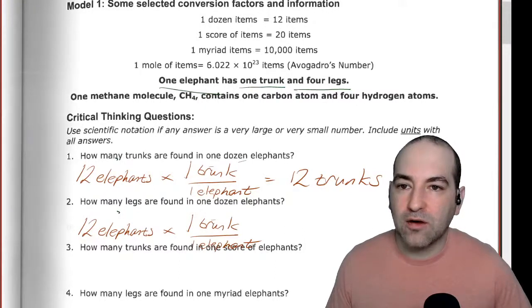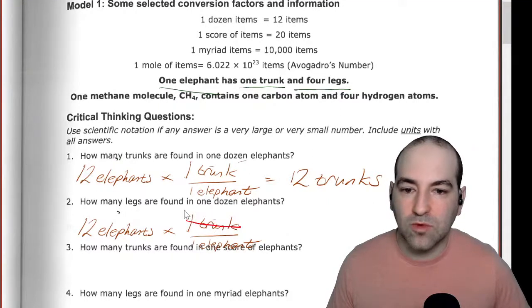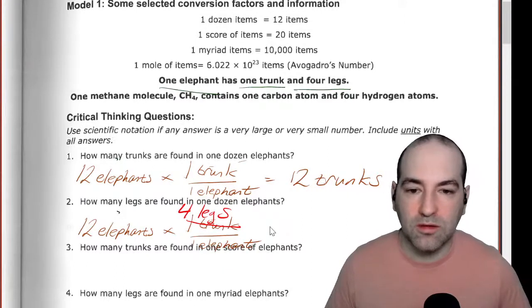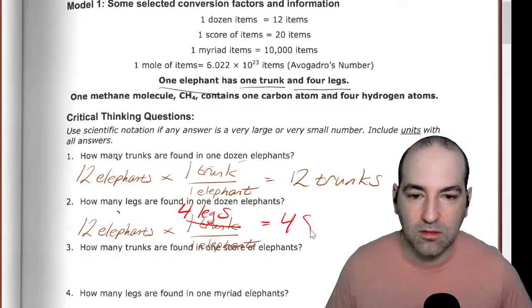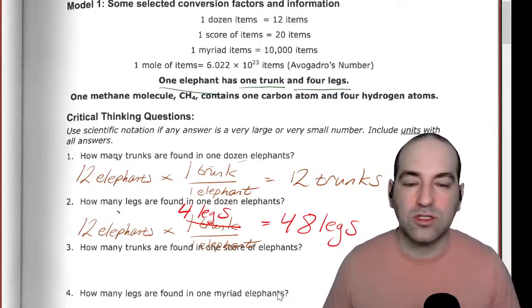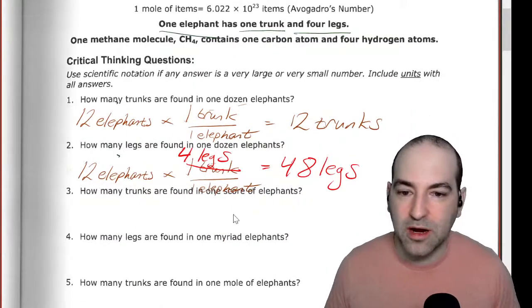Our difference now is that instead of looking at 1 trunk per elephant, we're going to look at 4 legs per each elephant. So we end up with 48 legs. So the key here is don't freak out when the numbers get bigger.